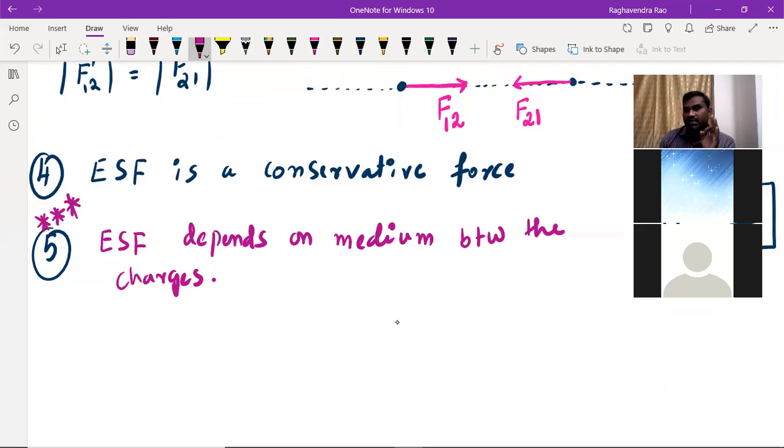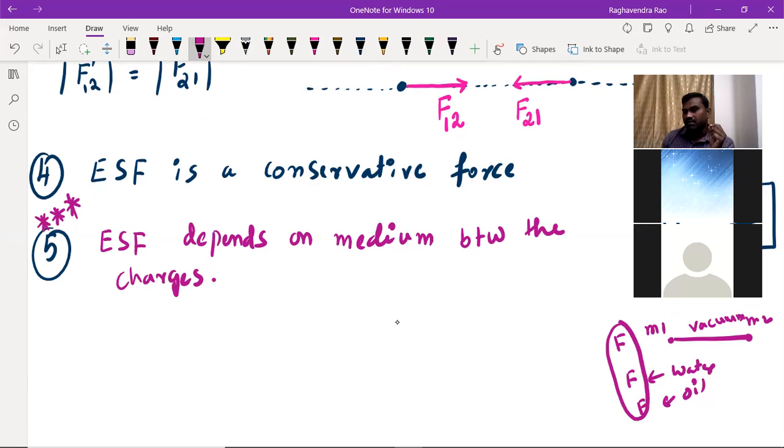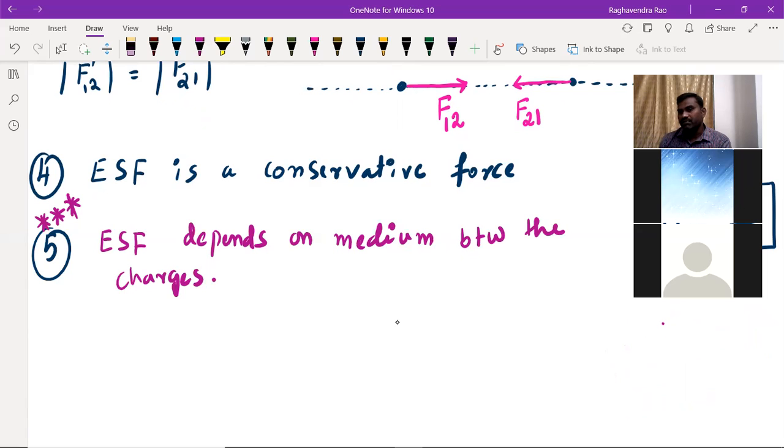For example, if two masses m1, m2 are placed in vacuum, the gravitational force is F. If these two masses are placed in water, the gravitational force is the same. If placed in oil, it is the same. So gravitational force is independent of the medium between the masses, but electrostatic force depends on the medium between the charges.